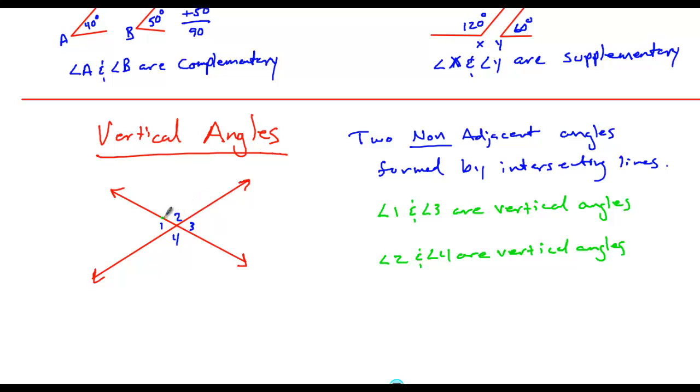Some people like to think that here's angle 2 and angle 4, that they make a kind of like a V pointing at each other. It'd probably be more clear if I used a different color. They like to think that, so this purple V and this green V are pointing at each other, so they're vertical, because vertical starts with a V.